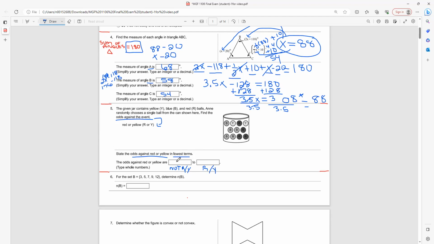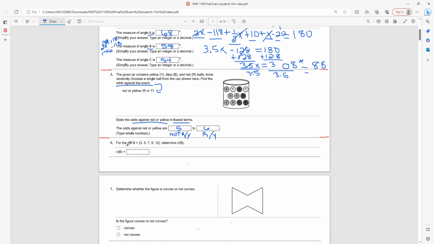The balls that are not red or yellow would be the blue balls. So 1, 2, 3, 4, 5 should go in the first box. If we actually get red or yellow, we're going to count the red or yellow balls. So 1, 2, 3, 4, 5, 6. So our odds against getting red or yellow would be 5 to 6.